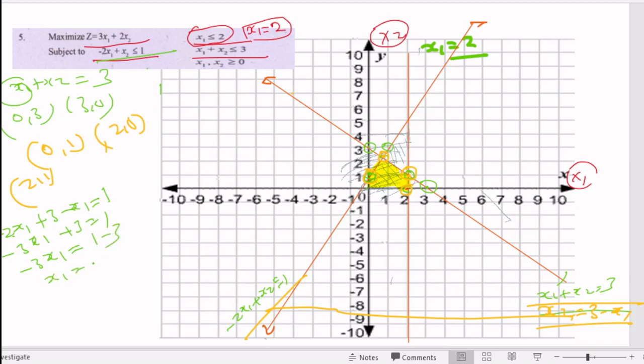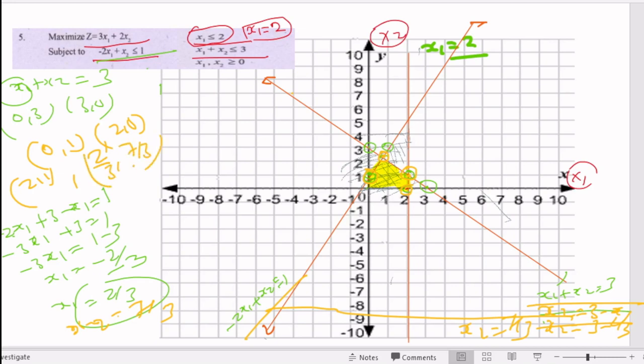So x1 is equal to minus 2 by minus 3, that is 2 by 3. When x1 is 2 by 3, then x2 will be 3 minus 2 by 3, so x2 will be 7 by 3. So we got one more point, 2 by 3 and 7 by 3.